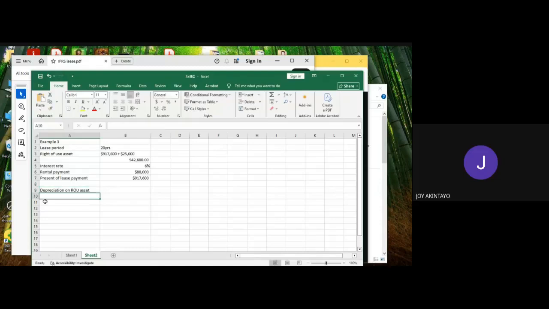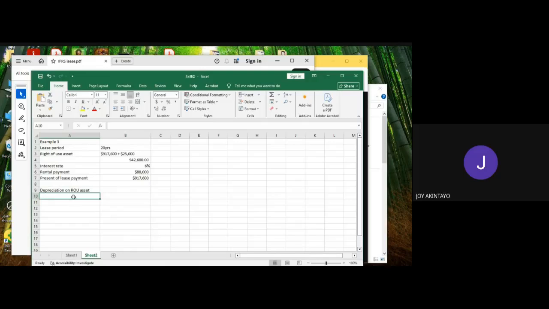So how many years are we calculating? That's 20 years. We are calculating based on 20 years.